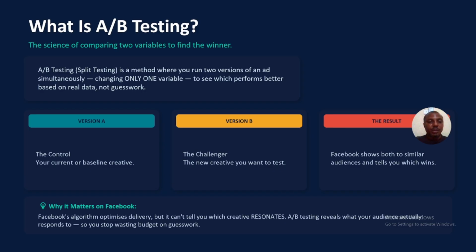So basically, you're going to have the first version of your ad, then you're going to have another version, which we normally refer to as the challenger or the B version of the ad, where you just change one variable.